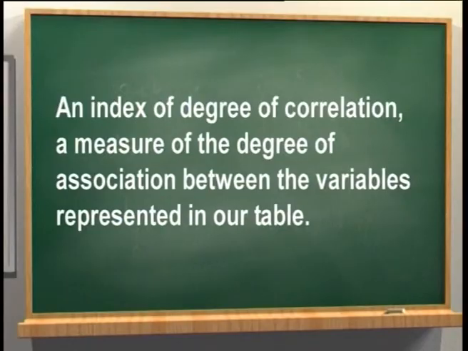If the null hypothesis is rejected, we conclude that there is a statistically significant relationship between the variables, but we frequently want to measure the strength of that relationship, an index of degree of correlation, a measure of the degree of association between the variables represented in our table. Luckily, several related measures of association can be derived from a table's chi-square value.